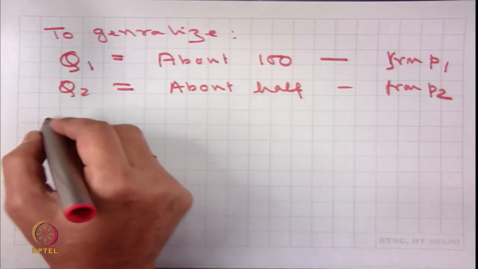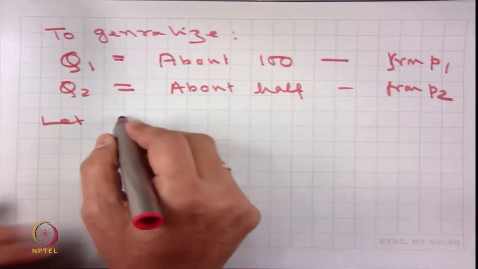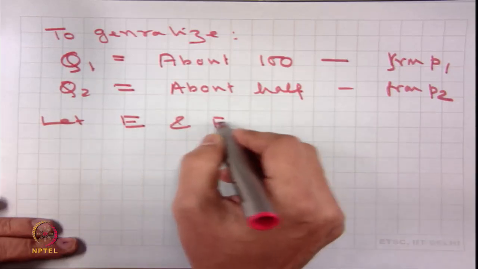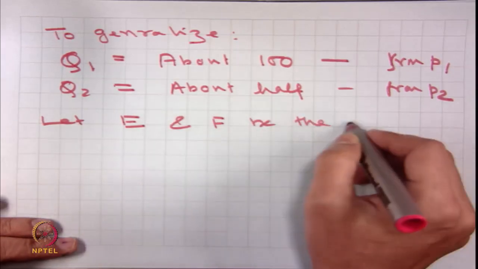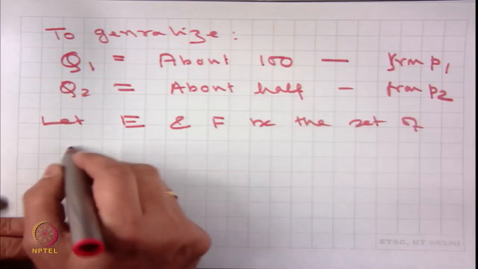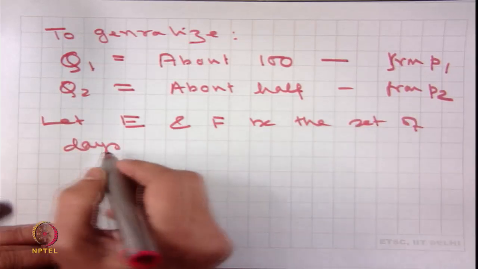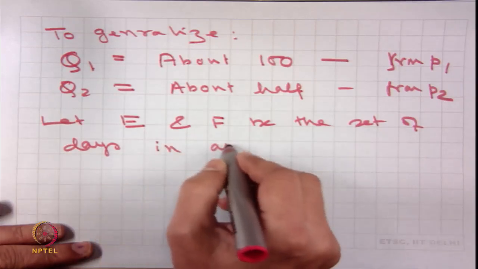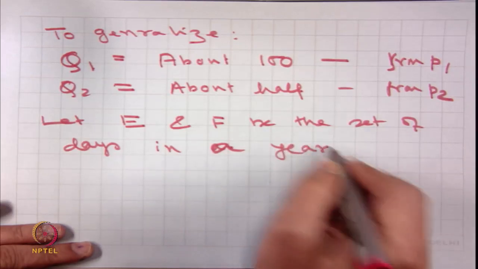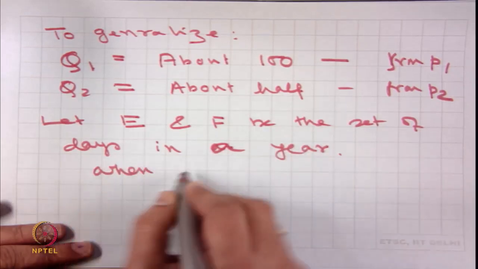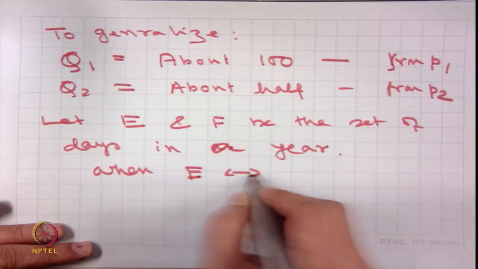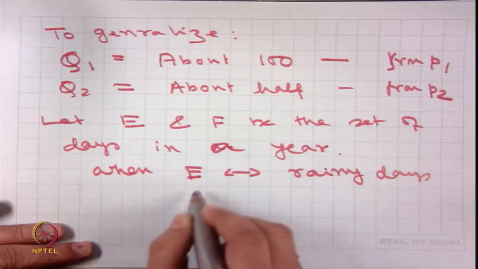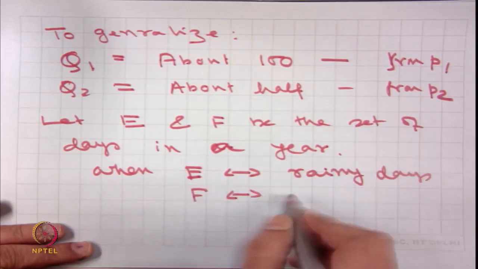Let E and F be the sets of days in a year, where E corresponds to rainy days and F corresponds to traffic jam days.